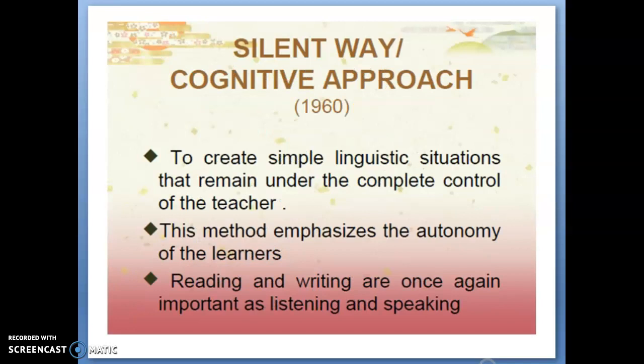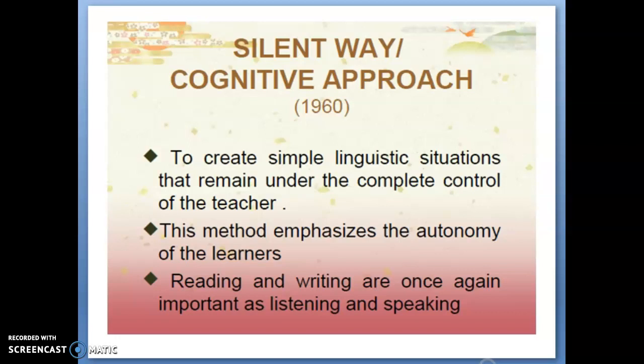Next, silent way or cognitive approach in 1960. This method is useful to create simple linguistic situations that remain under the complete control of the teacher. Silent way means that the English language teacher teaches the students silently.